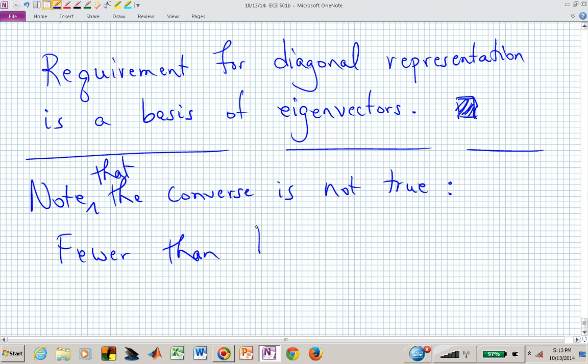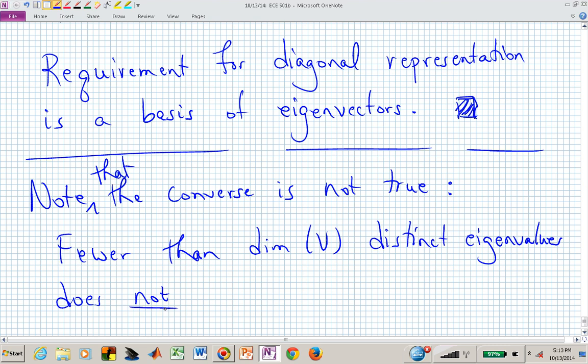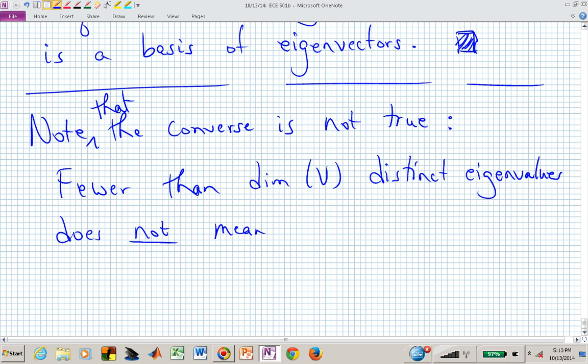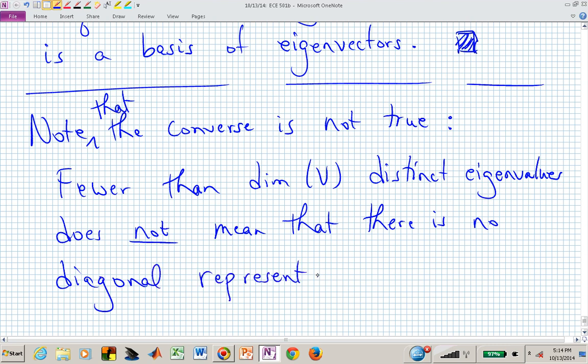Fewer than dimension V distinct eigenvalues does not mean that we cannot diagonalize the matrix representation. So fewer than dimension V distinct eigenvalues does not mean that there is no diagonal representation.